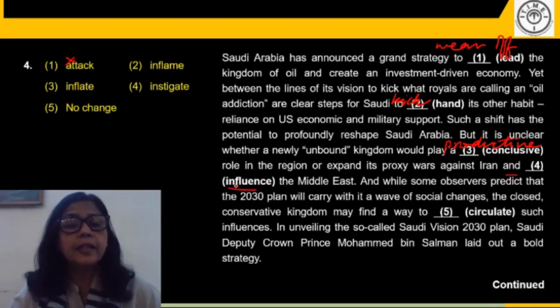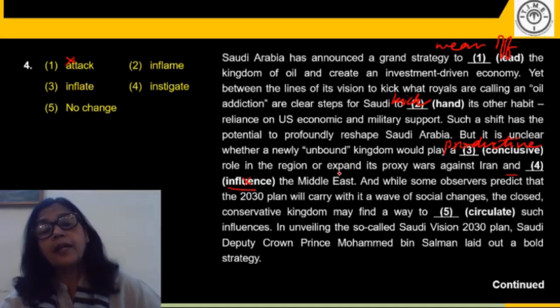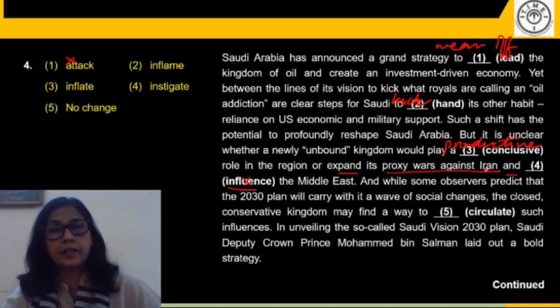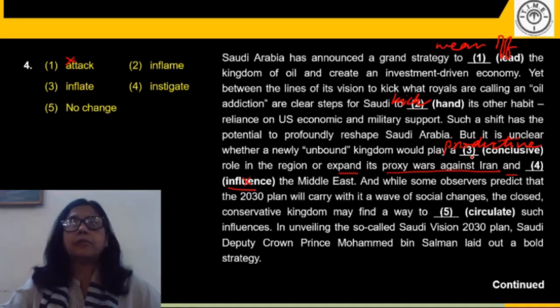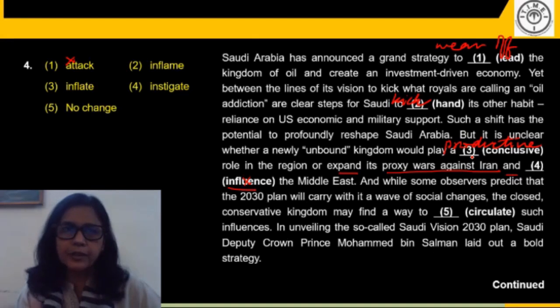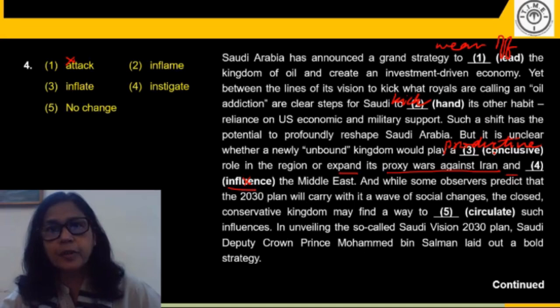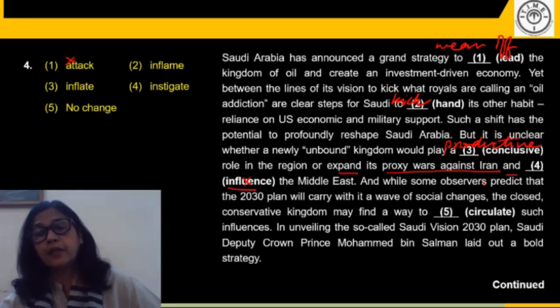Influence the Middle East to do what? That is vague over here. So not influence. Because we are talking about expanding its proxy wars against Iran, would Saudi Arabia play a positive role or a negative role? That is what the sentence is coming to. The positive part we have taken care of with the word productive, and then the negative part now.